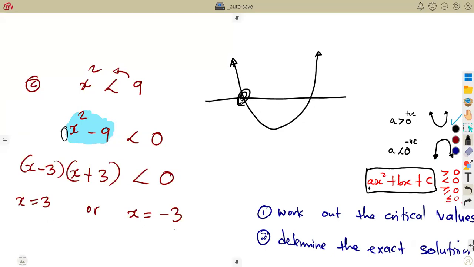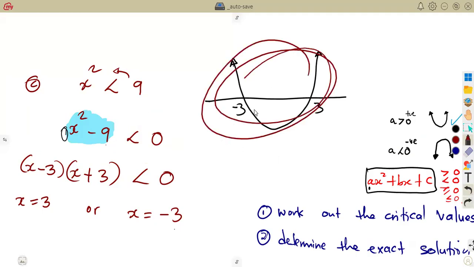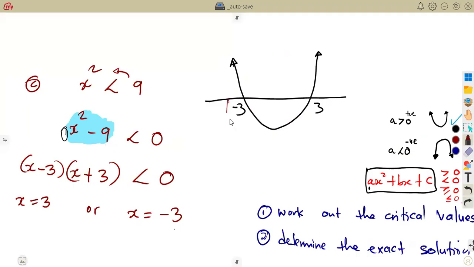Comparing which one can be minus or positive, the left side is going to carry a negative, the right side will carry what? A positive. So let's say this is minus 3, this is positive 3. They are saying f of x, which is ax squared plus bx plus c, is less than 0. On a function like this, where do we have solutions less than 0?